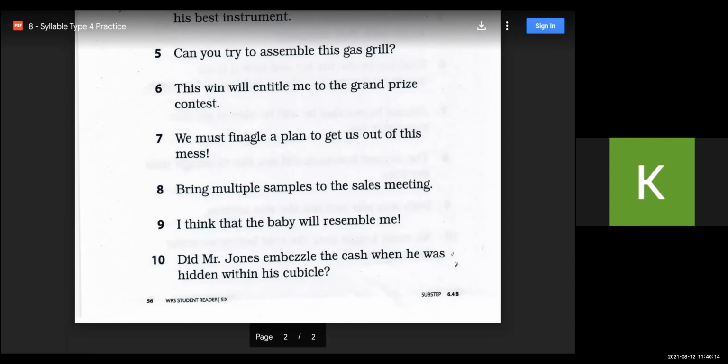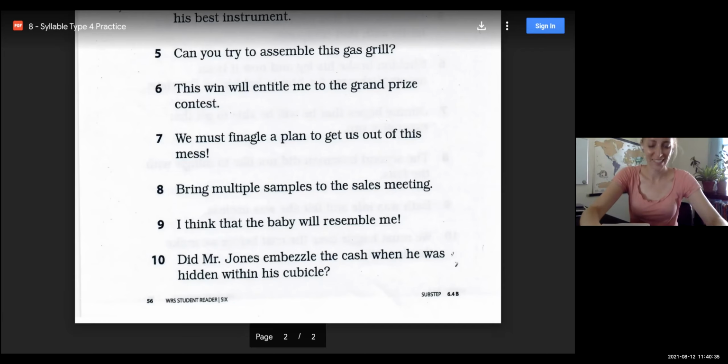Bring multiple samples to the sales meeting. I think that the baby will resemble me. Did Mr. Jones embezzle the cash when he was hidden within his cubicle?